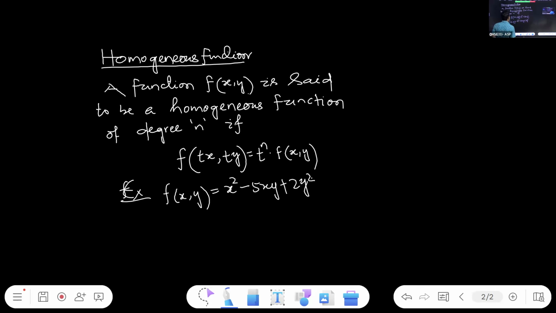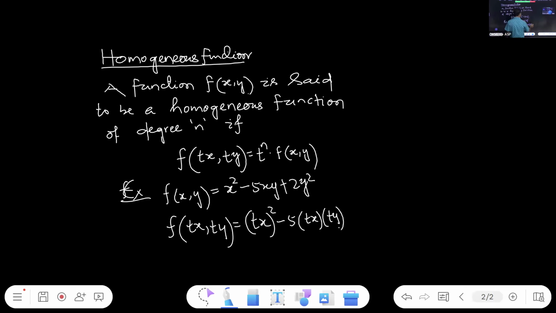Now substitute x with tx and y by ty. So f of tx, ty equals tx whole square minus 5 into tx into ty plus 2 into ty whole square.